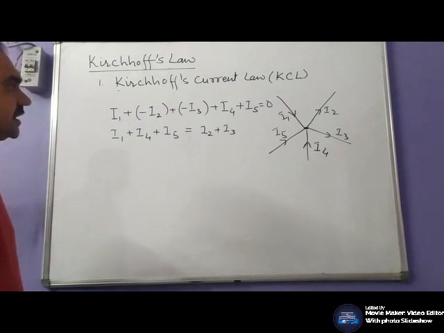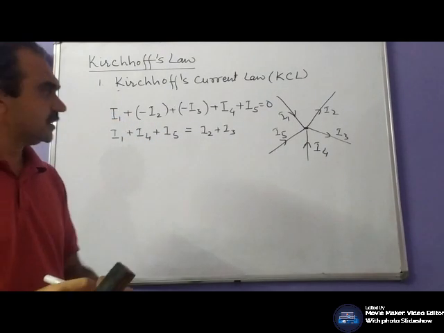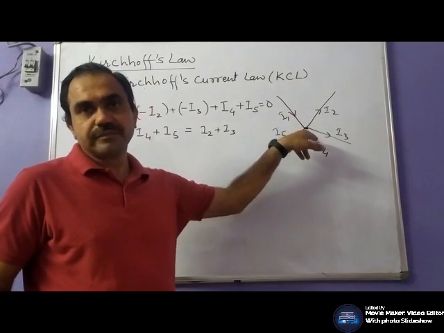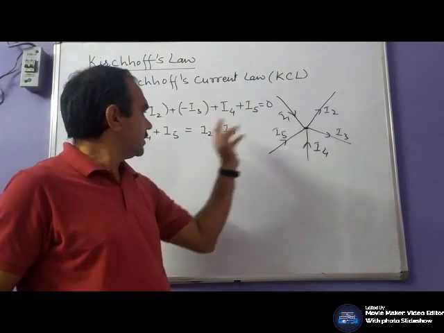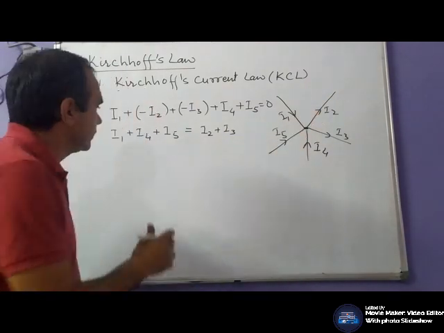What we see, I1, I4 and I5 are the incoming currents, and I2 and I3 are outgoing currents.